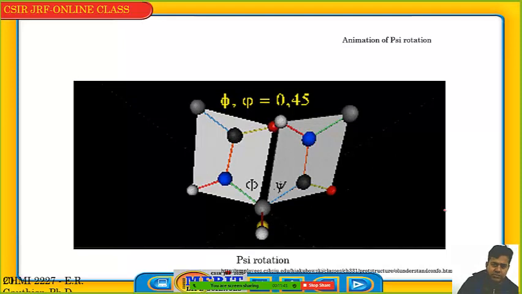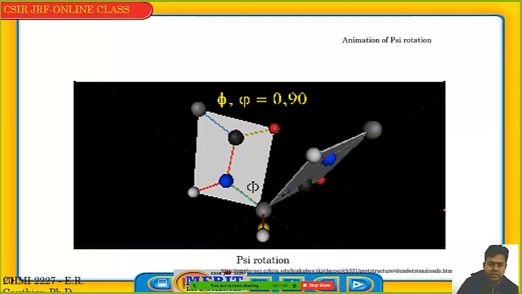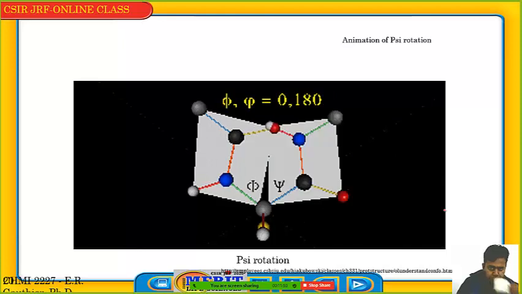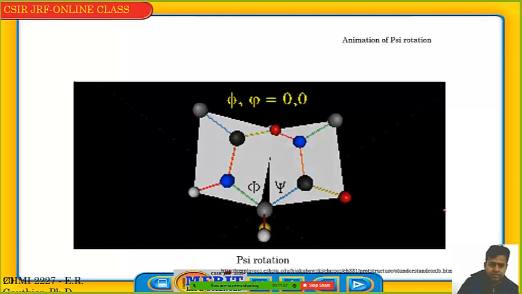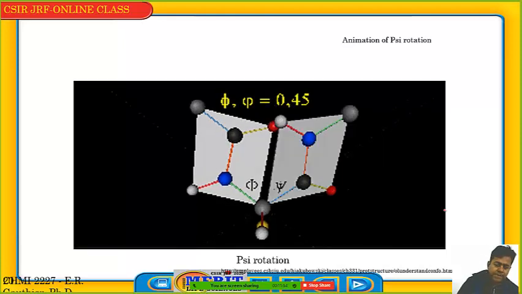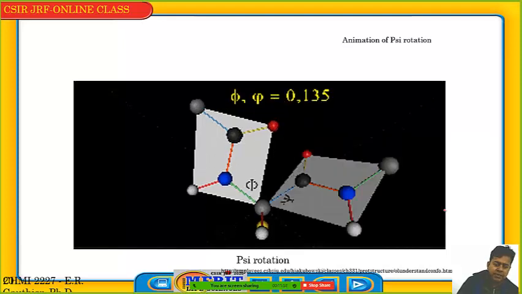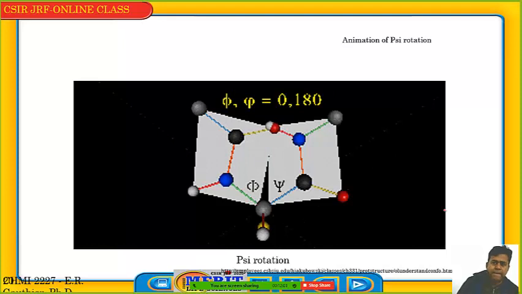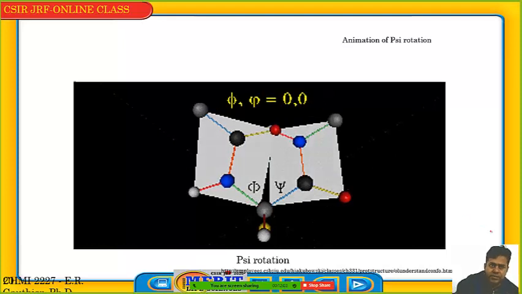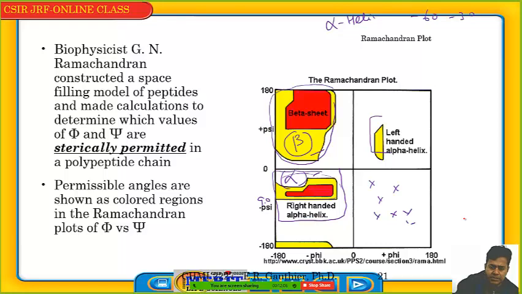So this is 0, 45, this is 90, 180, right? This is called the psi rotation. Only one can move at a time, not the other.